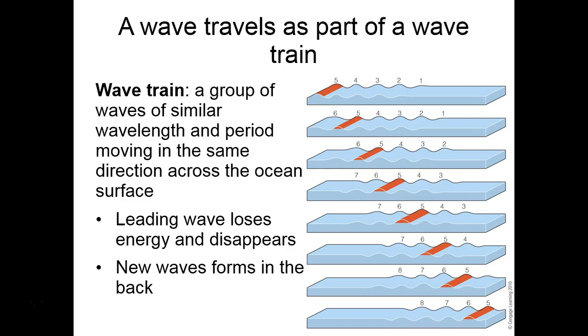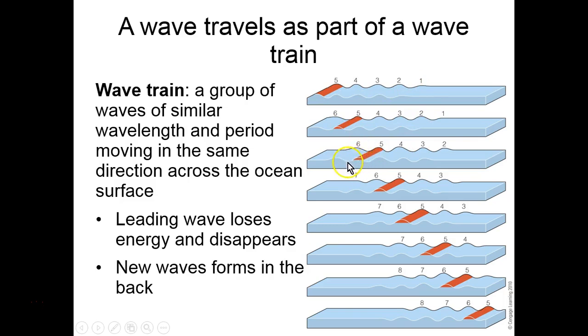And as those wave trains move, the front wave is moving into water that is flat. It's undisturbed, or it could be just opposite of what it is. And therefore, that front wave loses energy, or the energy in the front of the wave train decreases, and you basically lose the front wave.